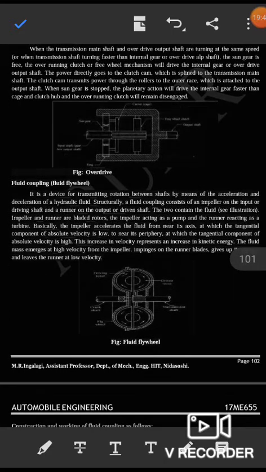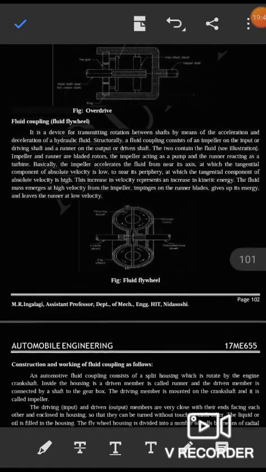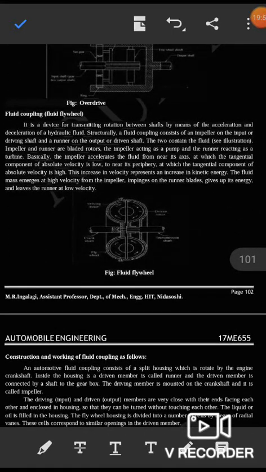Now the fluid coupling, or we can say fluid flywheel. It is a device, and here is why we can use the fluid coupling. Fluid coupling diagram you are having here.